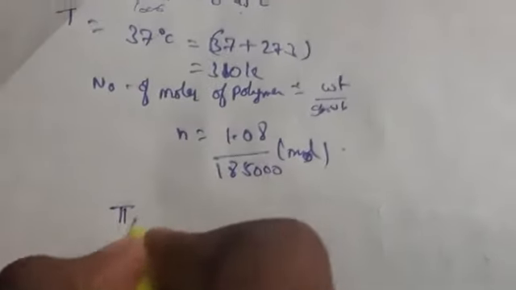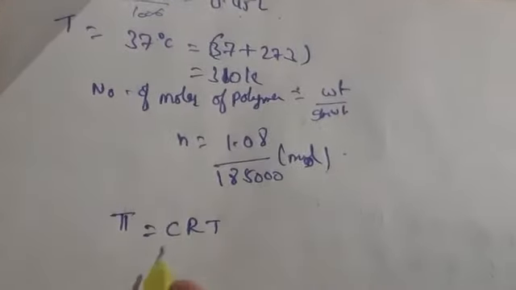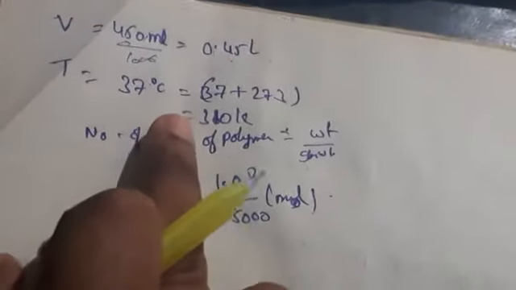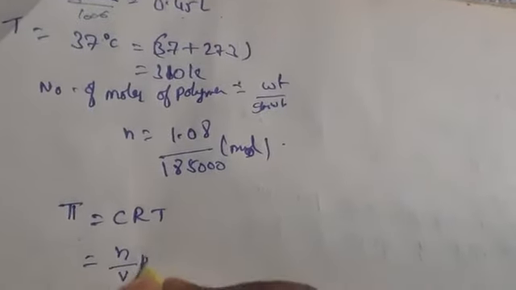We get some value. So what he told us to calculate? Pi is equal to CRT, where C is 1 by V. This can be written as n by V into RT.